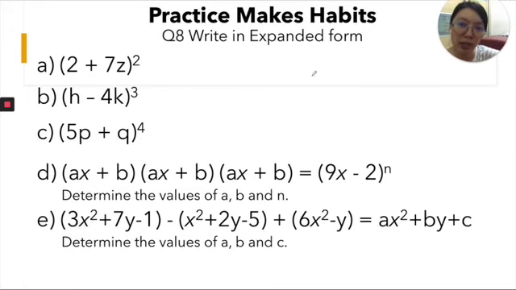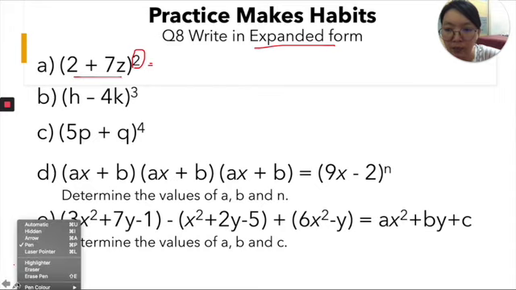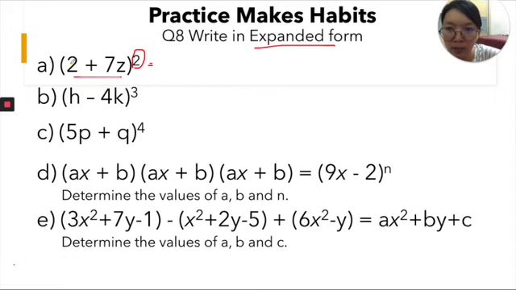Question number 8. Write in expanded form. Here, I have an index form. I would like you to write in expanded form, meaning you have to expand it by putting a lot of multiply in between. So I have a bracket, and inside the bracket, there are 2 plus 7z, the whole thing is repeating 2 times.